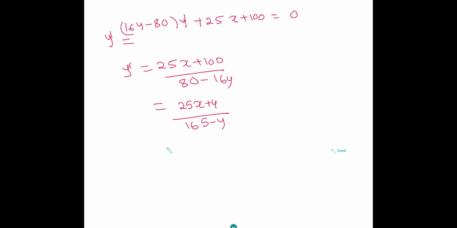Hence the curve has a horizontal tangent where y prime equals 0, which happens at x equals negative 4. The vertical ones are where y prime is undefined, which is y equals 5.